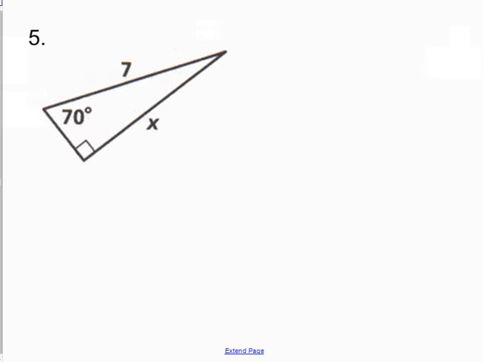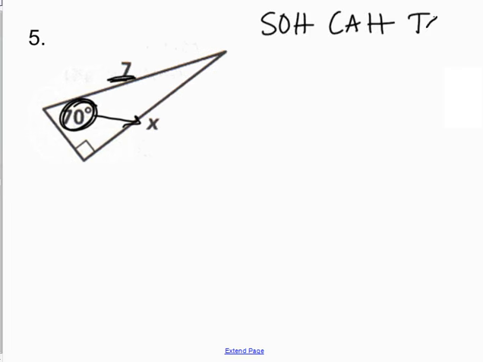Okay, we've got 70. And from this 70, I've got a hypotenuse and the opposite side. Hypotenuse, opposite. Oh, do you remember what that is? SOHCAHTOA. Opposite, hypotenuse, sine.